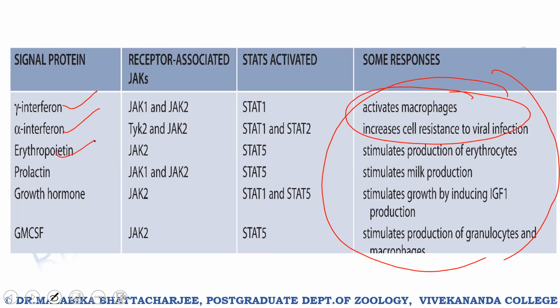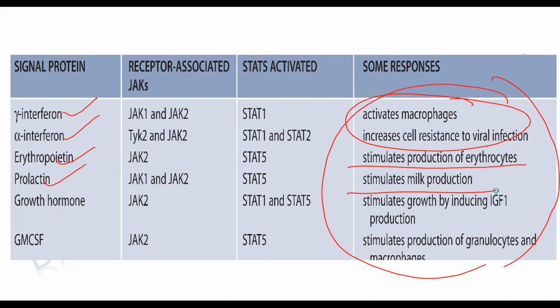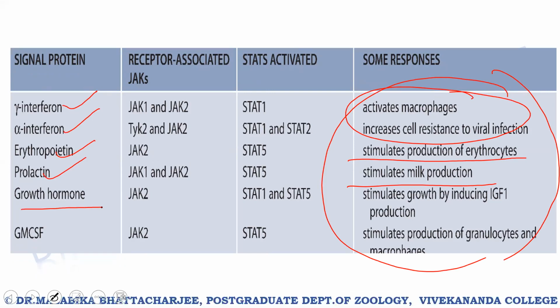When erythropoietin is the stimulus, production of erythrocytes. If prolactin is the stimulus, milk production. If growth hormone is the stimulus, then we have stimulation of growth by IGF-1 production. And GM-CSF stimulates the production of granulocytes and macrophages.